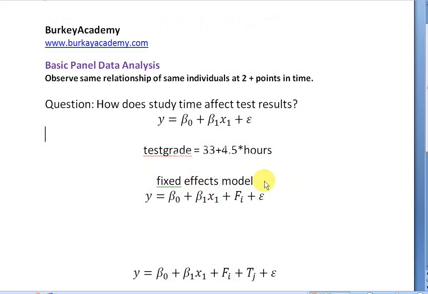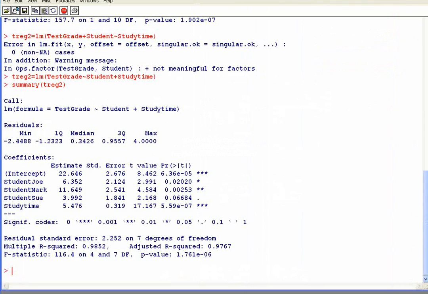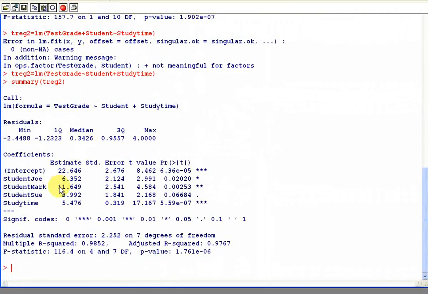Just in case that wasn't clear what these mean, if I was predicting Antonio's score for a test that he studied 10 hours for, we would predict it this way. Antonio's score is 22.6 plus 10 times, since he studied 10 hours, 10 times 5.476. That would predict what he would score.